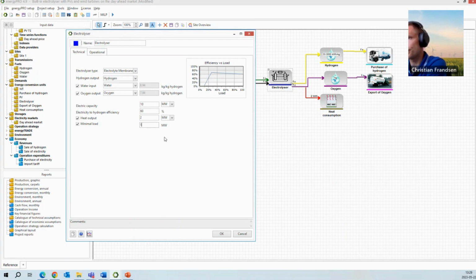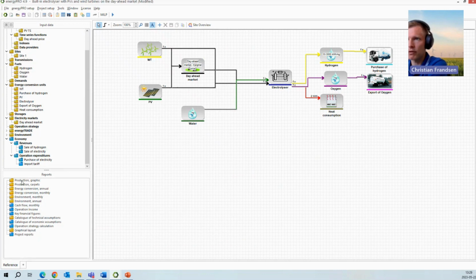And of course, if you want to specify these efficiencies in more details yourself, you can always make a user-defined unit and do that. But this is to assist in making an electrolyzer in your model. And we can have a look at the operation.